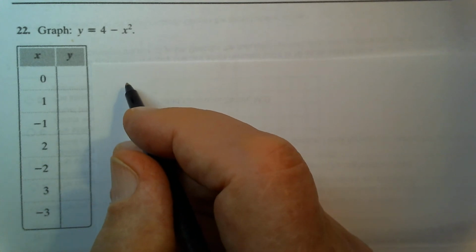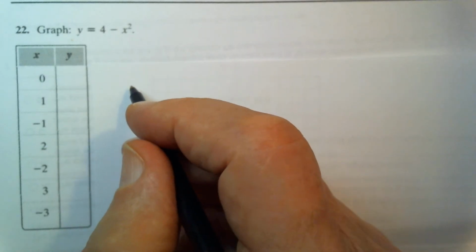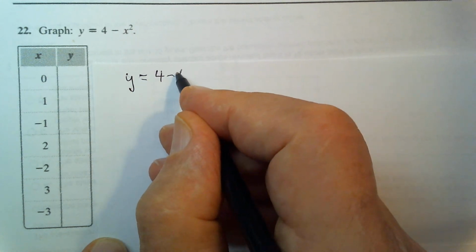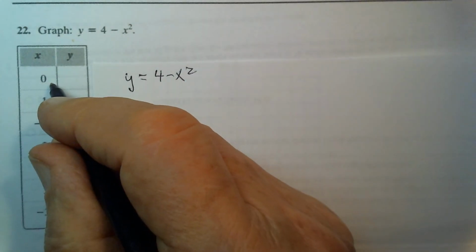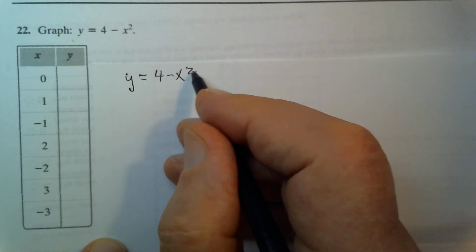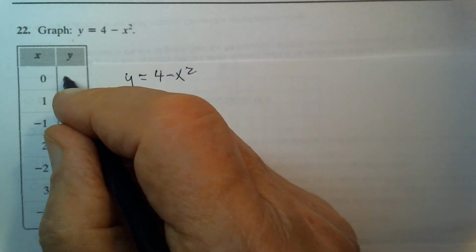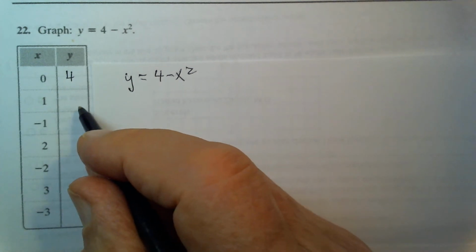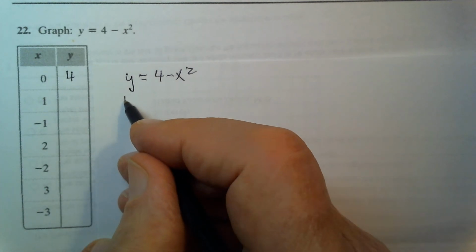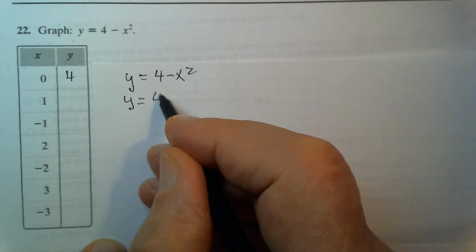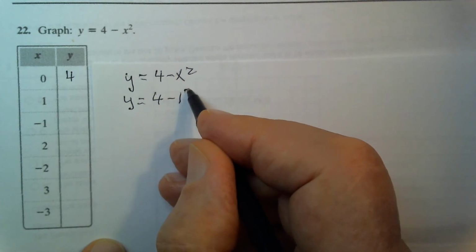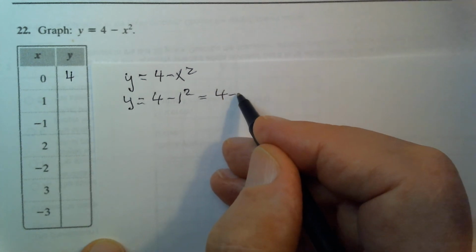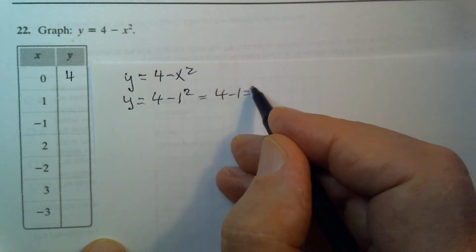So when x is equal to 0 in this equation, and let me rewrite it as y equals 4 minus x squared, of course this term is 0 and y equals 4. Okay, now when x equals 1, we have y equals 4 minus 1 to the second power, which would be 1. So 4 minus 1 is equal to 3.